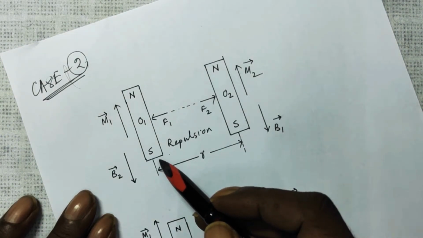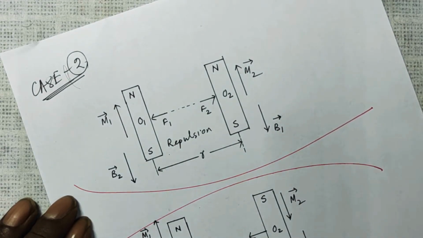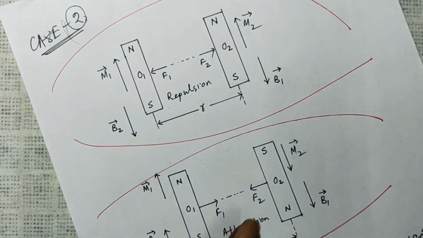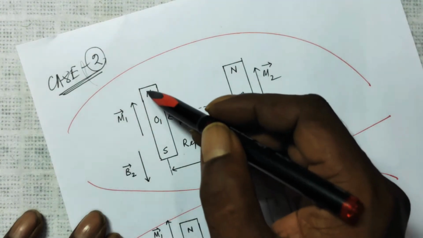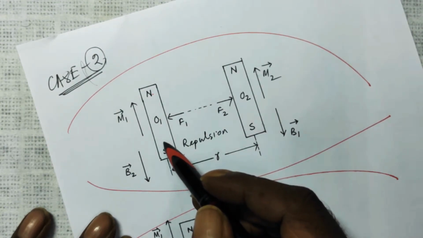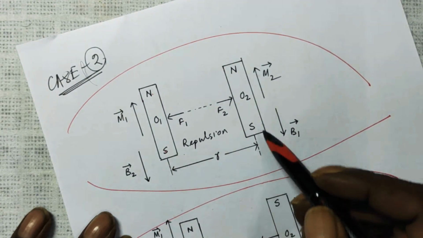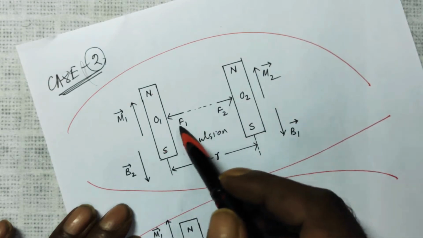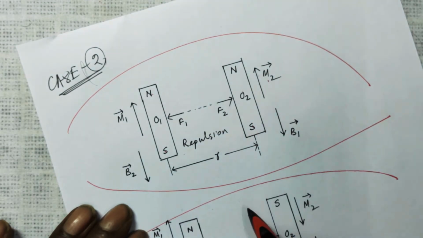Now this is one situation, and this is the other situation. Here this is the short bar magnet, south north, so its magnetic moment m1 is pointing to this side from south to north. Now this is another, its magnetic moment from south to north, m2, to this side.